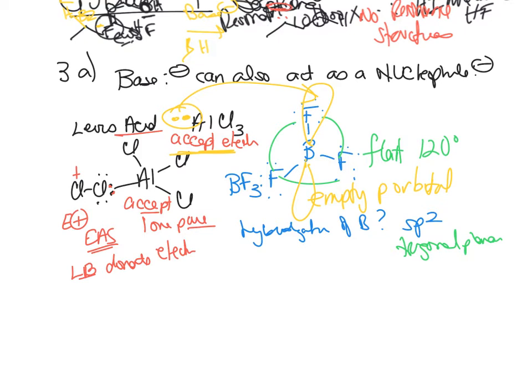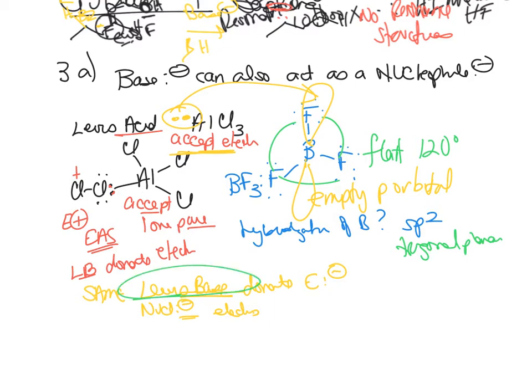Describe what is the same between a Lewis base and a nucleophile and what is different. So same between a Lewis base, a Lewis base will donate the electrons, and a nucleophile will donate its electrons. And so when we think about bases, though, we think of it donating its electrons to hydrogen, okay?